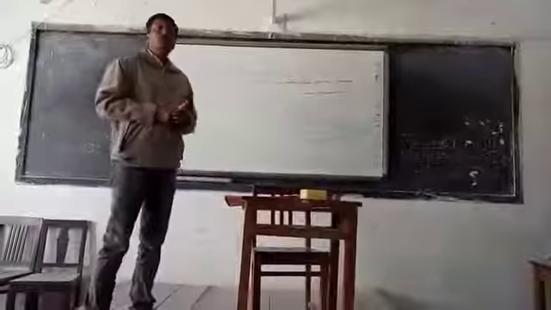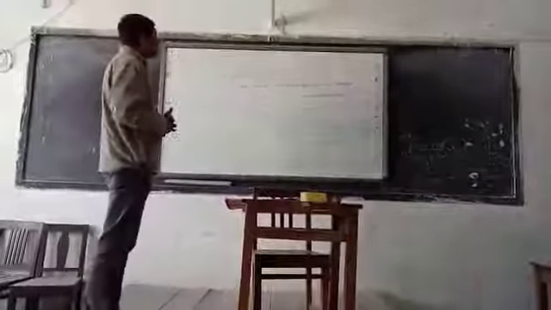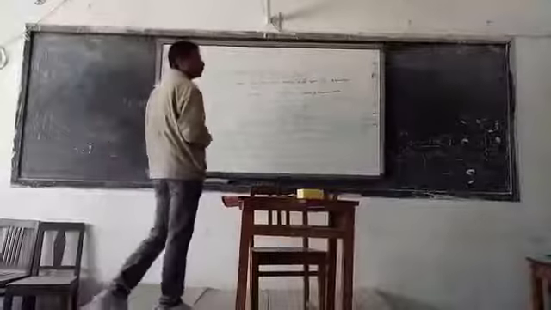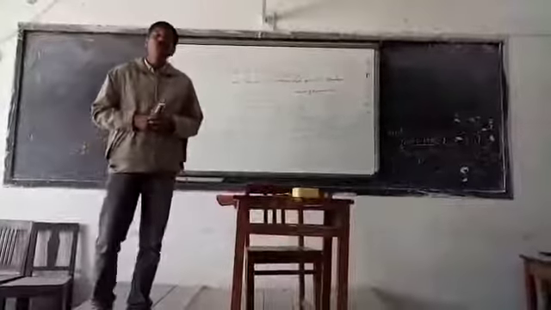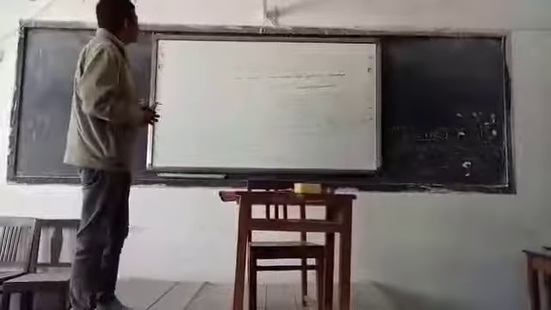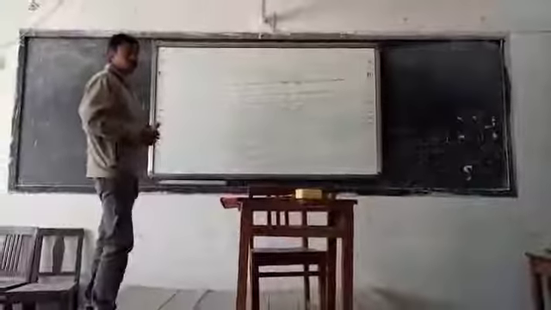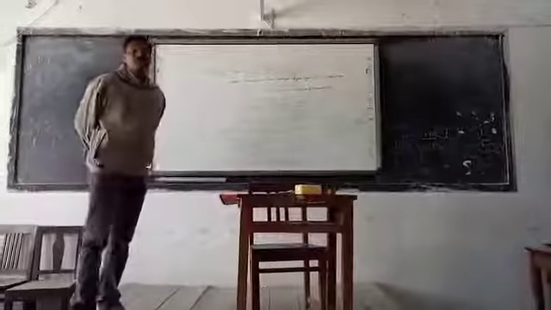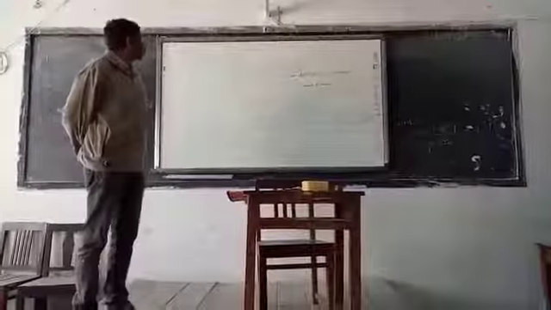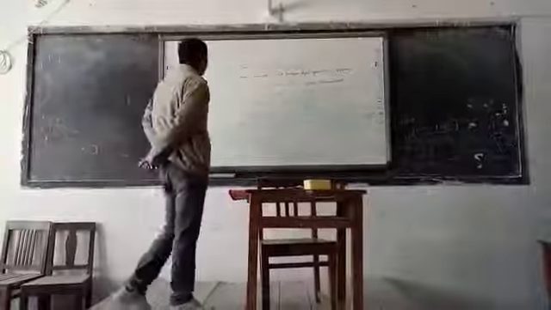A brief history of microbiology. It is very important before we enter into the subject of microbiology: what had been done in the olden days at its inception stage. First of all, Leeuwenhoek, 1632 to 1732.